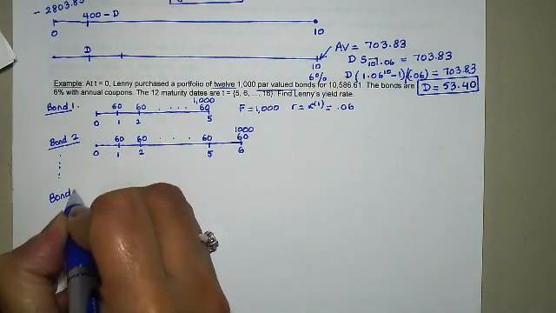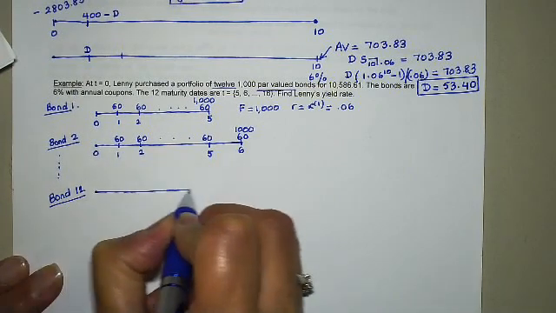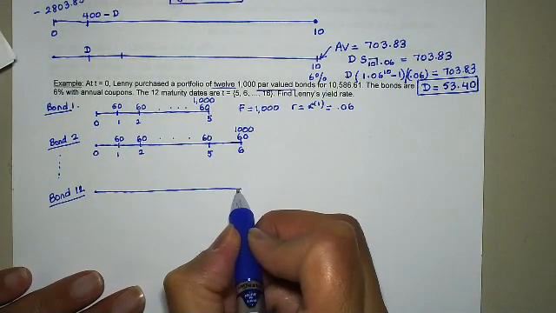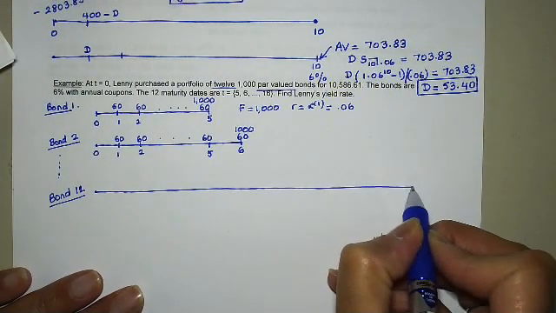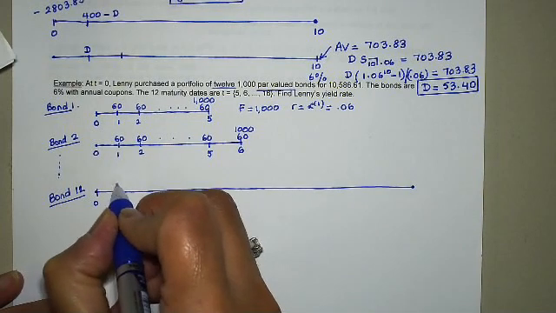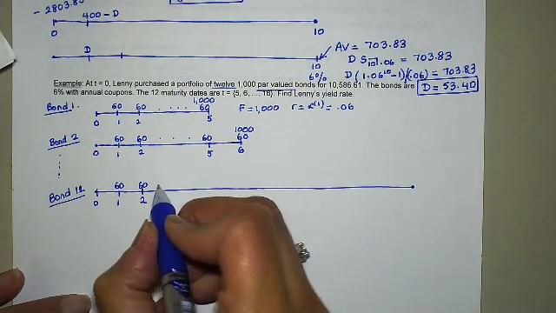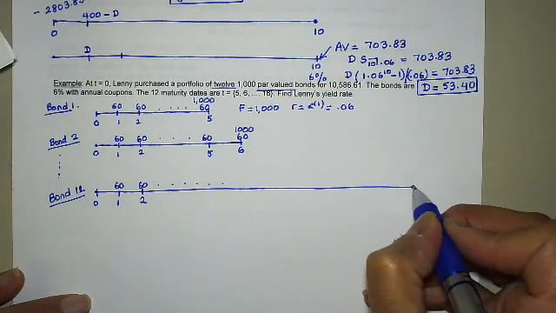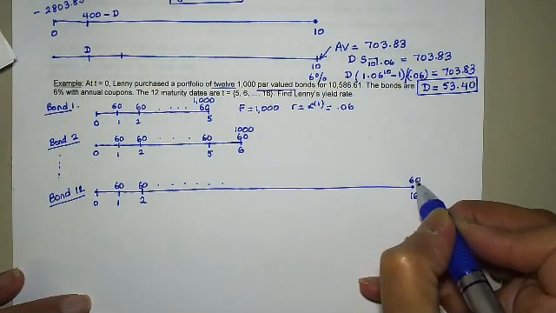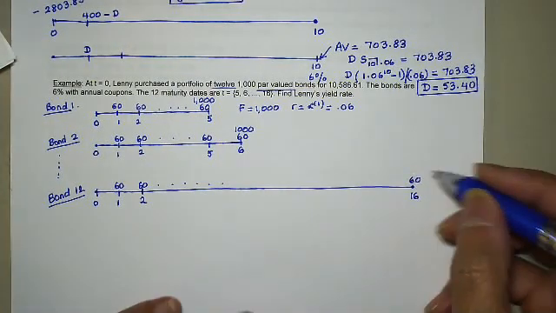Right, so bond number 12. You have a problem like this on your take home, right? At 1 you have 60, at 2 you have 60, and this continues all the way to time 16. You have a coupon of 60 and a redemption of 1,000.